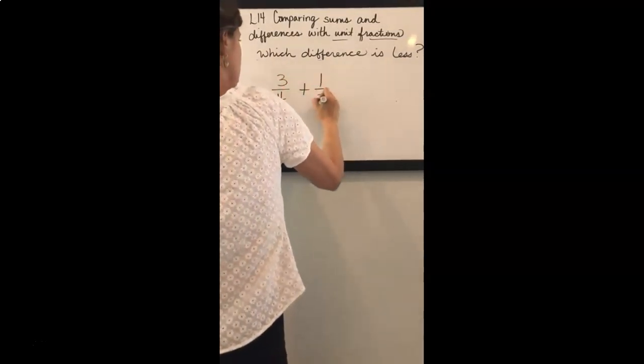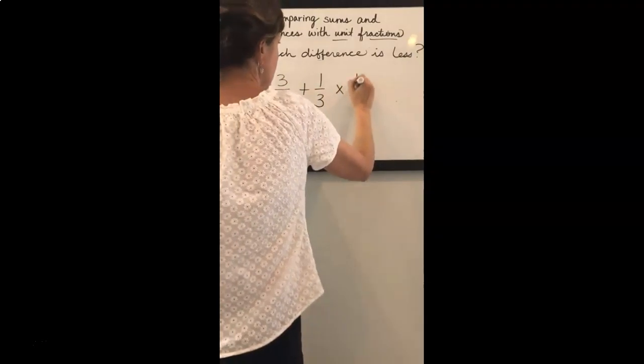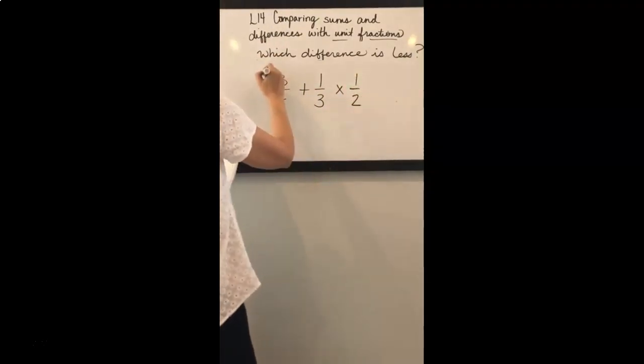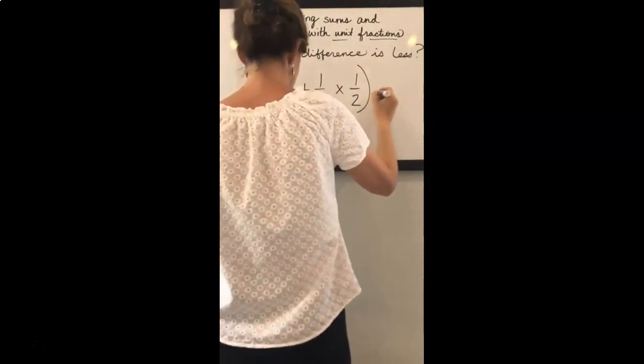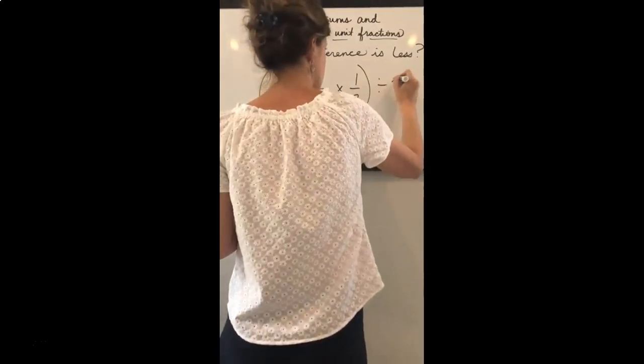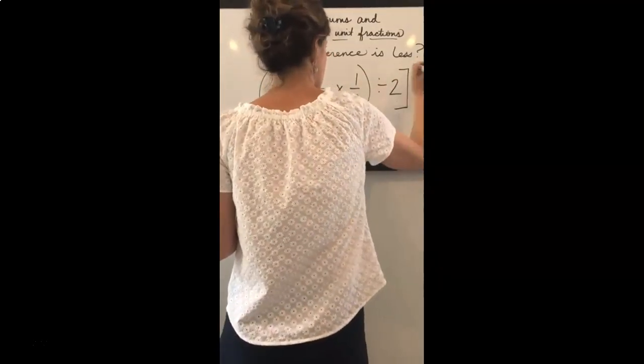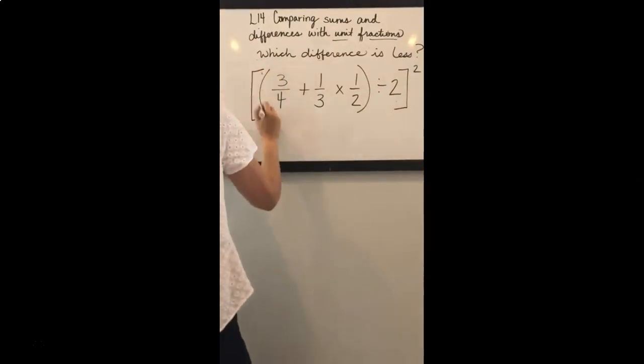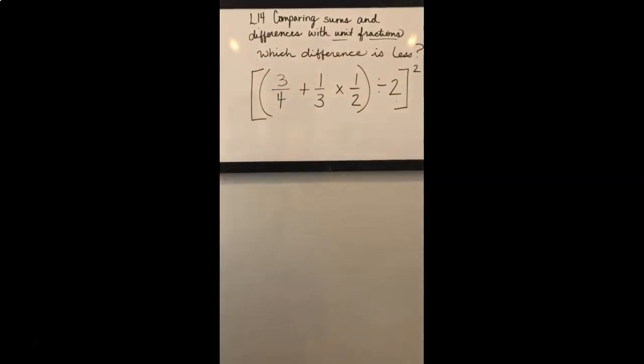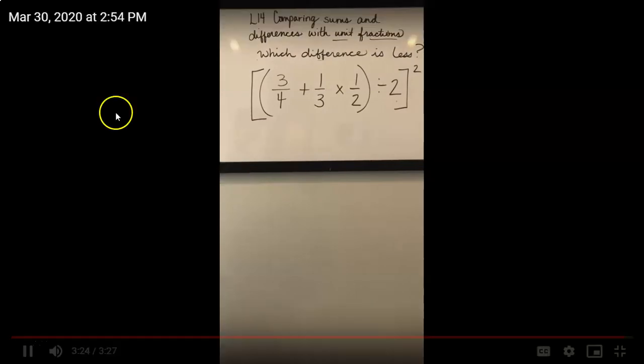I want you to try this problem and put your answer in the comments, and I'll post the answer tomorrow so we can see who's correct. So we have 3/4 plus 1/3 times 1/2 in parentheses, divided by 2, surrounded by brackets, and then to the second power. Try that one, put your answer in the comments, and let's see who gets it right.